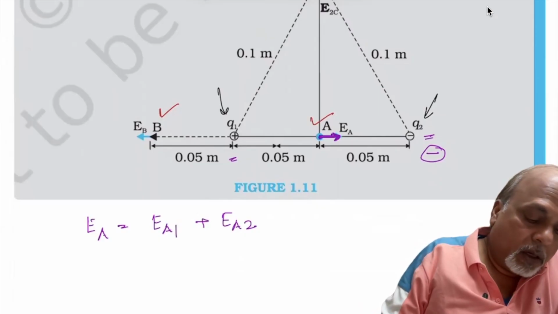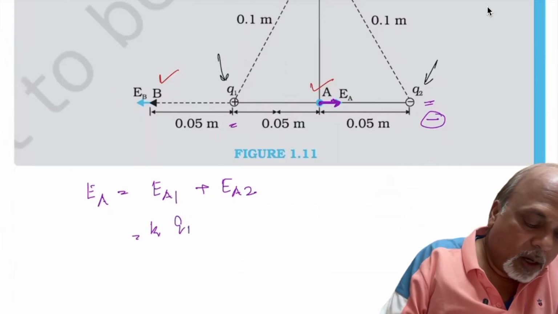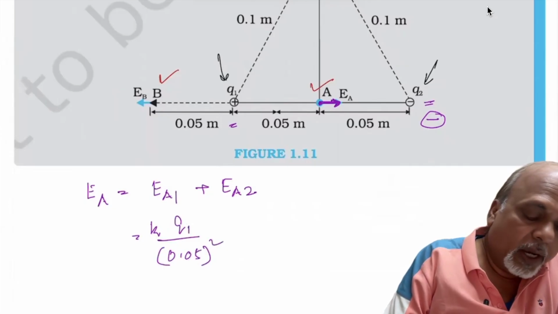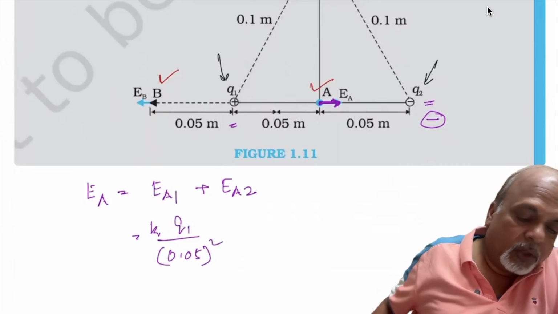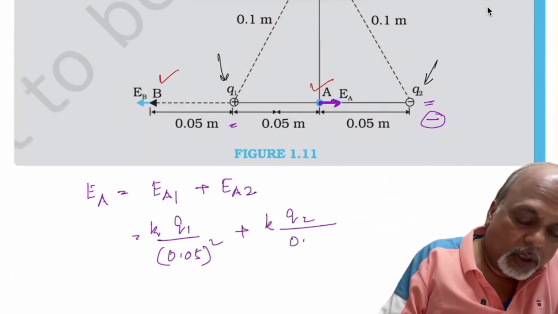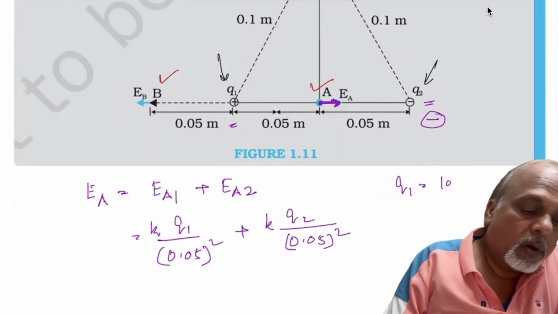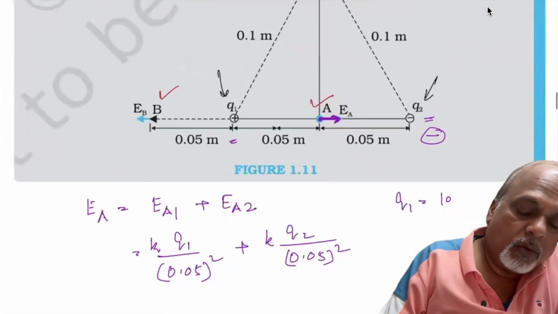And what is due to 1? That is K Q1 upon 0.05 square, because the distance between A and Q1 is 0.05, and here it will be K Q2, where also the distance is 0.05 square. Q1 and Q2, you know, 10 raised to minus 8 Coulomb.